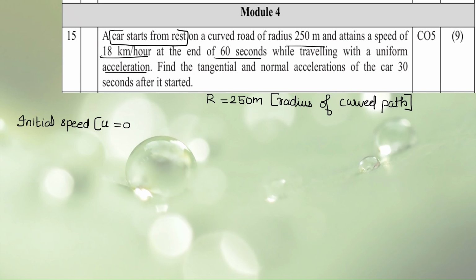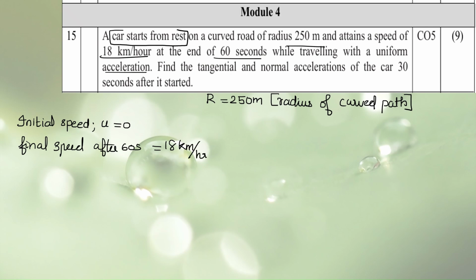So after 60 seconds it attains a speed of 18 km per hour. So we can write final speed after 60 seconds. What is the final speed after 60 seconds? The final speed after 60 seconds is 18 km per hour.